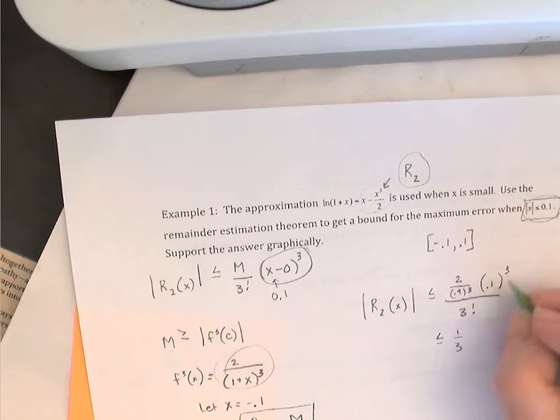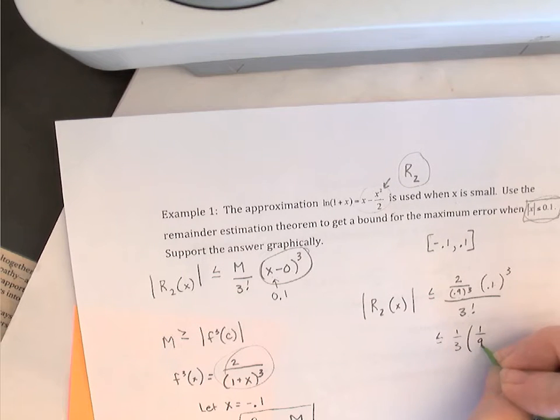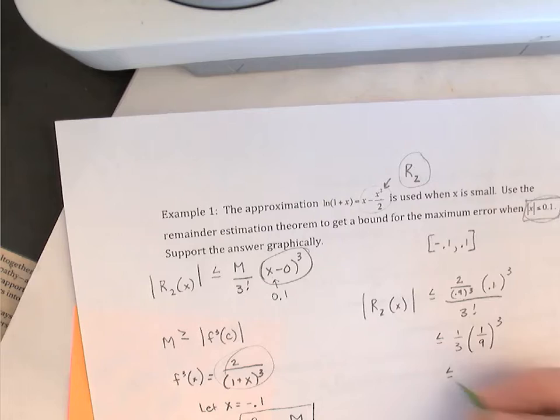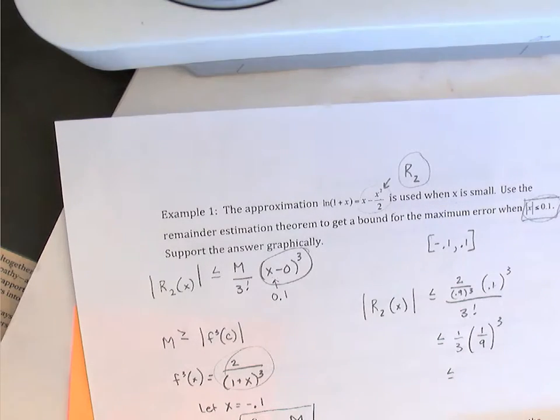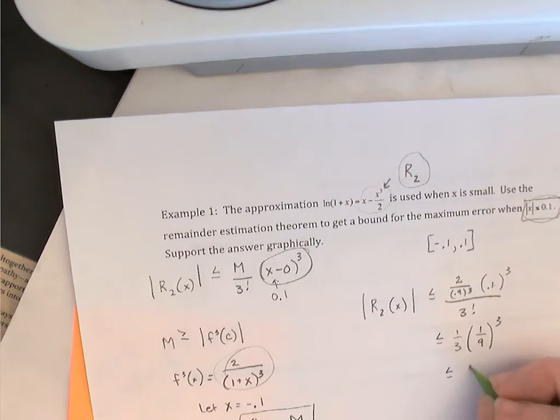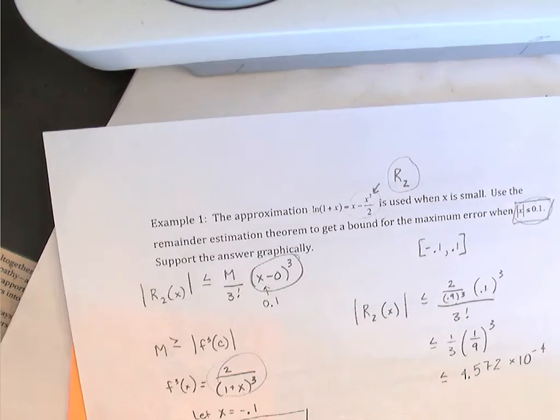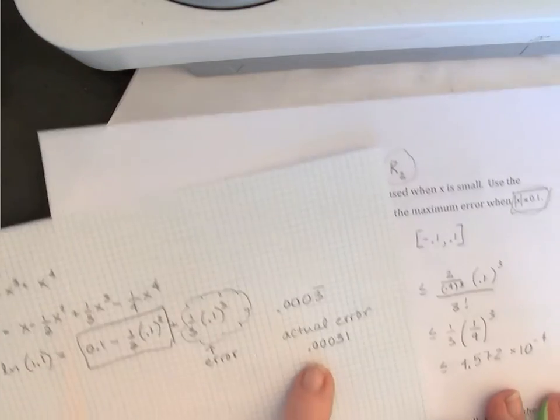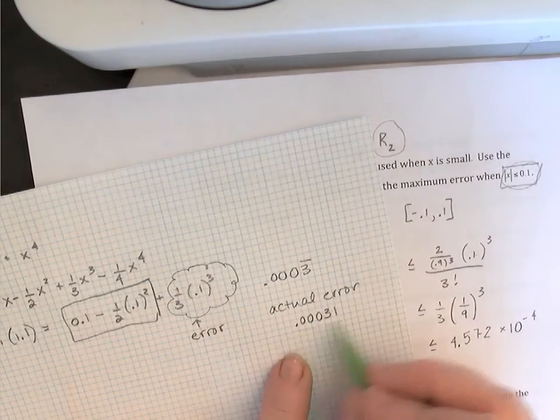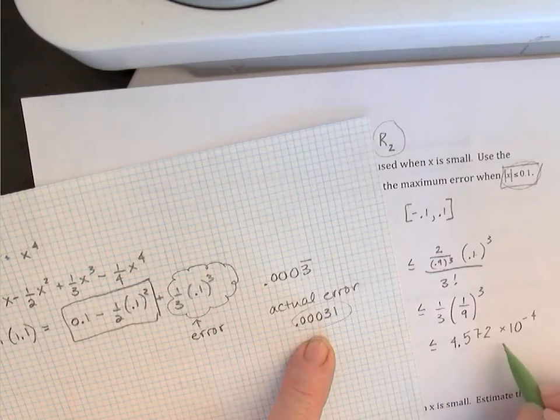We have both things raised to the third, so that's 1/9 to the third. So what I get for this is 4.572 times 10 to the -4th. And keep in mind our actual error was 0.00031, which definitely falls within the range of this.